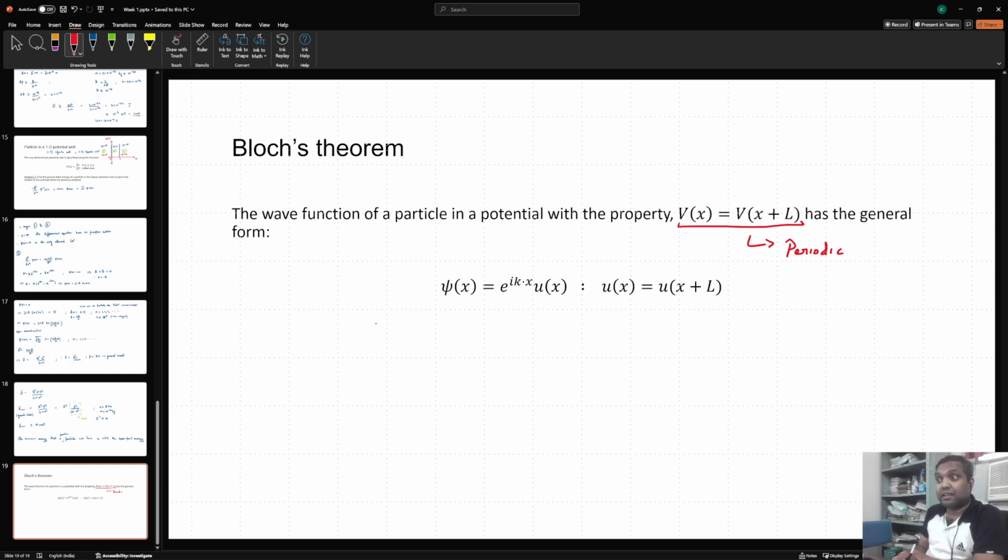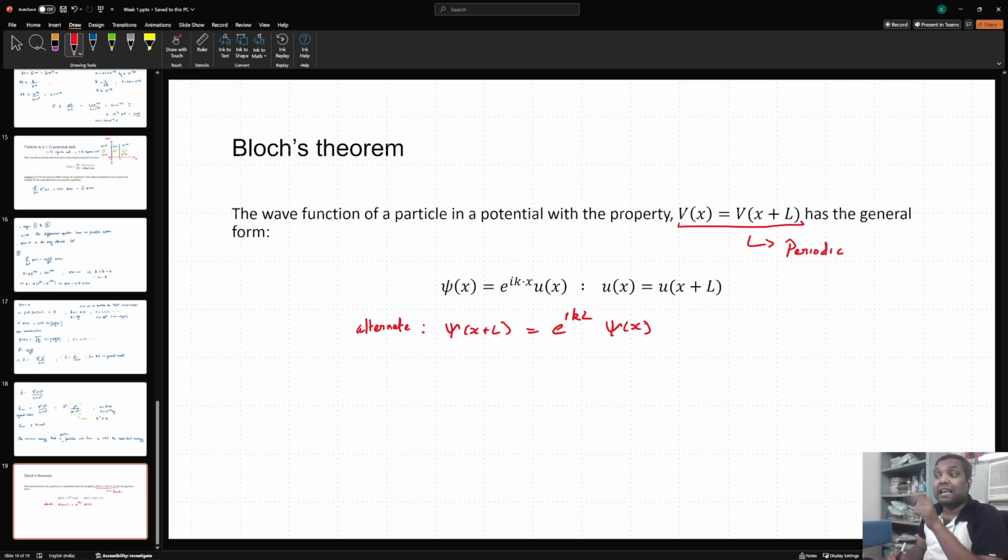Alternatively, one can write another statement, which many of you may have seen even in the slides: psi of x plus L is equal to e to the power ikL times psi of x. If you observe, these two are equivalent, because if I put x equal to x plus L here, I will have e to the power ik(x plus L) times u of x plus L. But since u of x is already periodic, u of x plus L will become u of x.